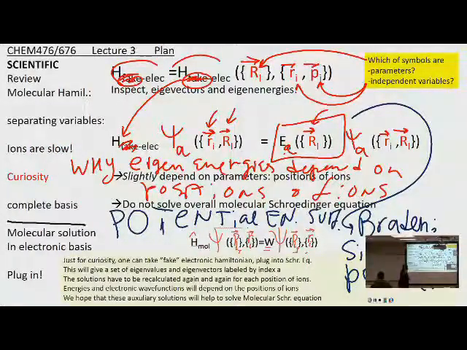If we take the three terms in the Hamiltonian that deal with electronic degrees of freedom, where electronic coordinates are independent variables and positions of nuclei are parameters, we can assume that this Schrödinger equation for electrons has been solved. If it has been solved, then we have the set of eigenfunctions and eigenenergies, which both depend parametrically on positions of ions.